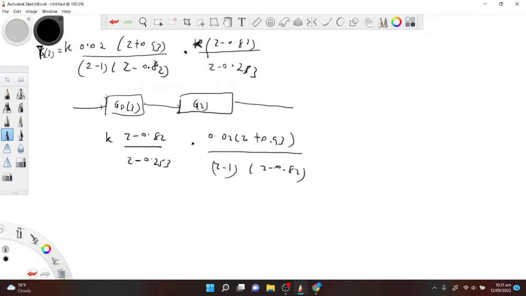So this is the forward path transfer function, right?